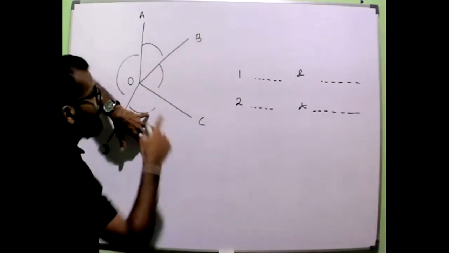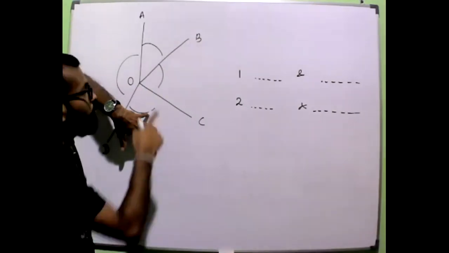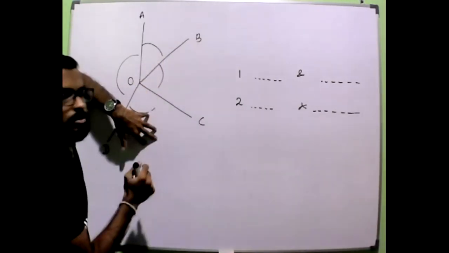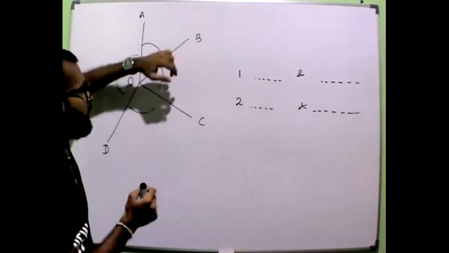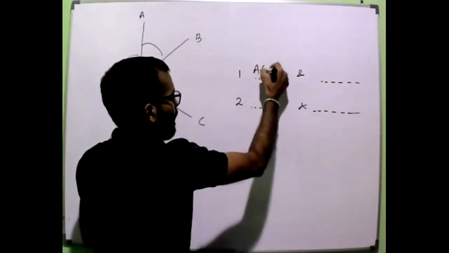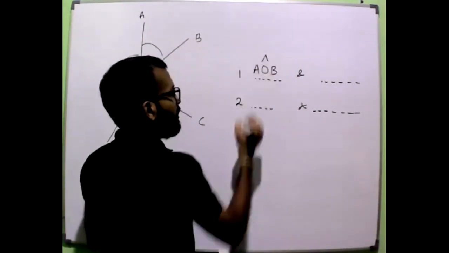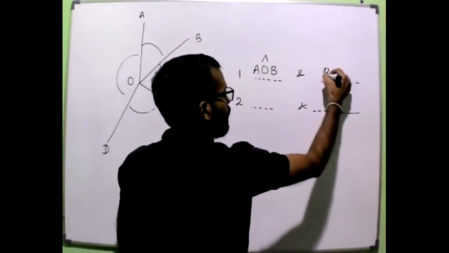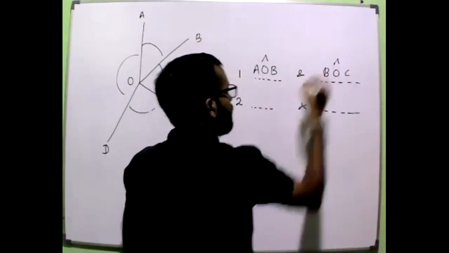So there you can find a pair of adjacent angles. So I will write AOB angle and BOC angle.